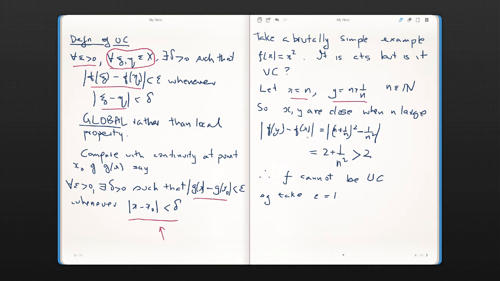We just do the difference. You just expand that. You get that. That's always greater than 2. So f cannot be uniformly continuous, because we could take epsilon equal to 1. Remember, the definition is any epsilon, so take 1, and you can never make this difference less than 1. So it's not uniformly continuous.